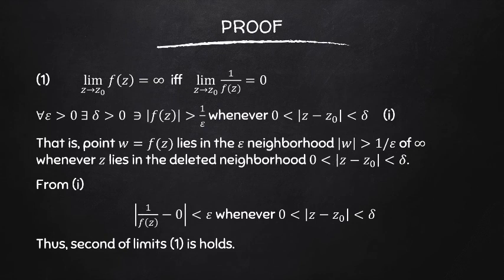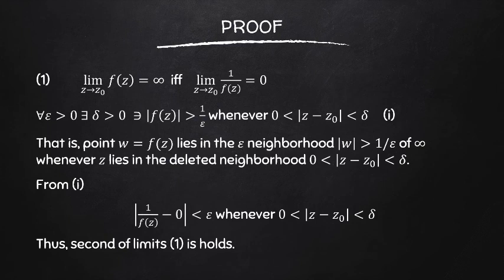That is, point w equals function z lies in the epsilon neighborhood of infinity, the absolute value of w greater than 1 over epsilon, whenever z lies in the dilated neighborhood of the absolute value of z minus z0 greater than 0 and less than delta.